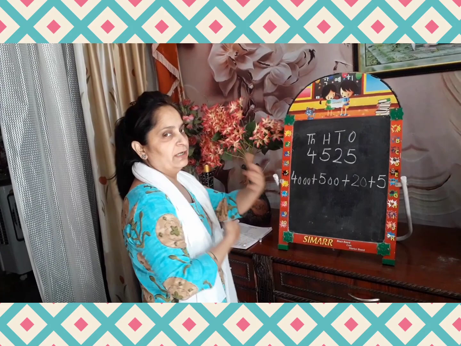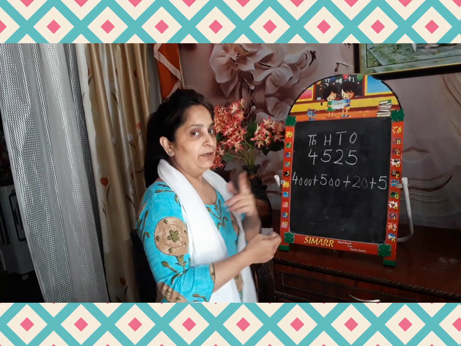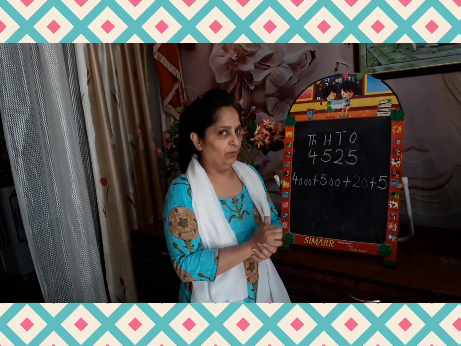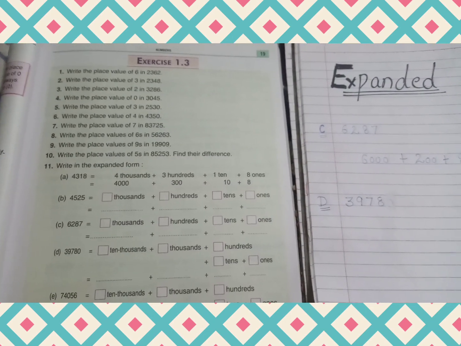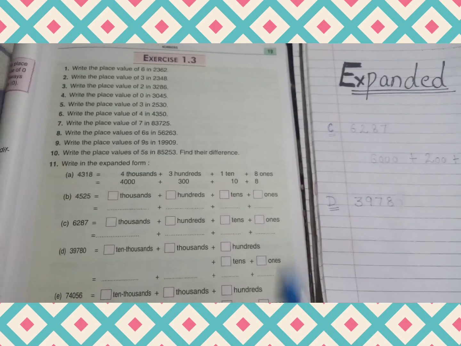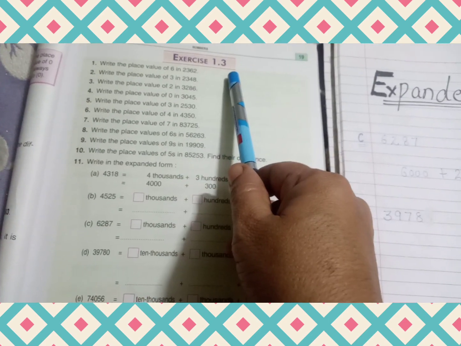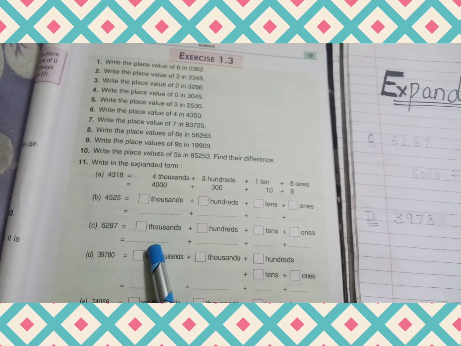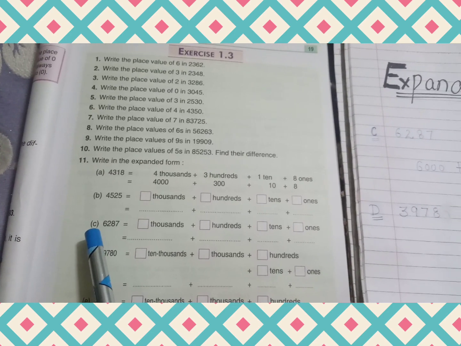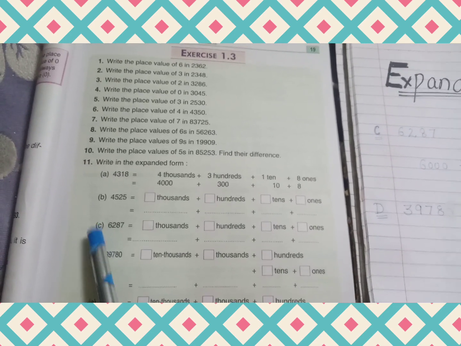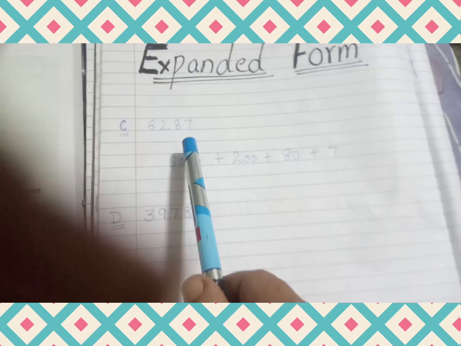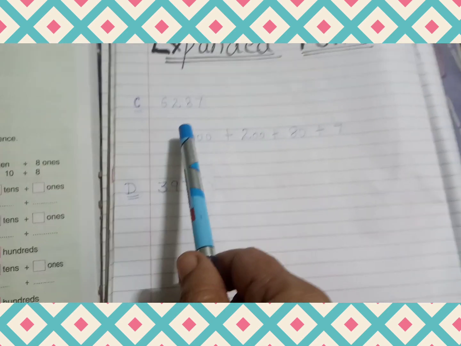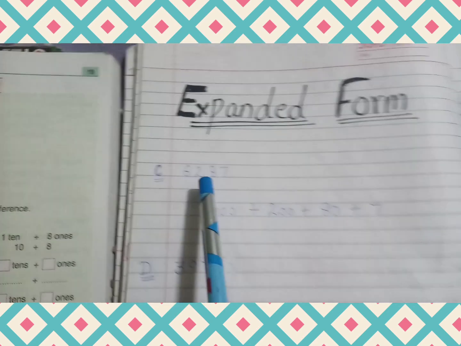Now I will continue with some more examples. Please open your notebook; now we will do it in our notebook also. We will continue with some more sums of exercise 1.3. I hope you have opened your book and we will solve sum number C, 6287. The same sum is written over here.